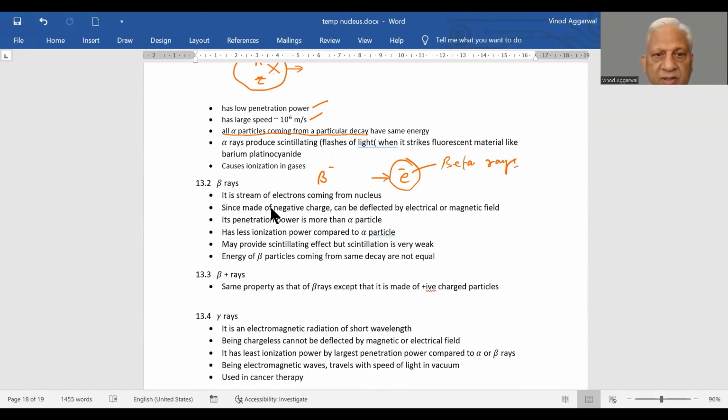Since it is made of negative charge, because beta rays are nothing but a stream of electrons coming out of the reaction, it can be deflected by electric as well as magnetic fields, obviously. And it has more penetrating power than alpha particles, and less ionization power compared to alpha particles.